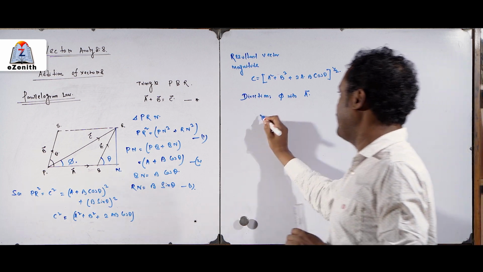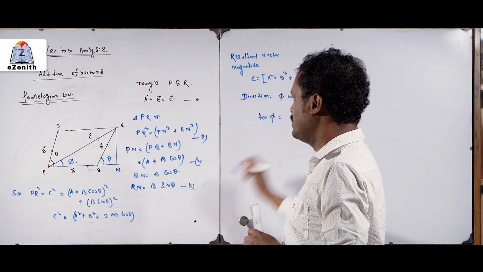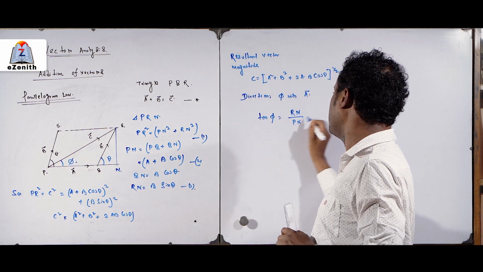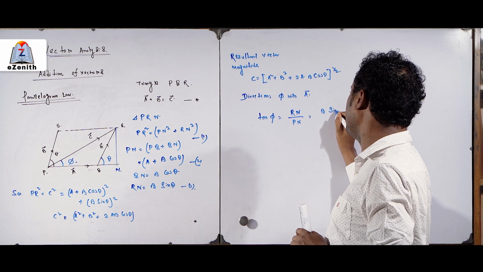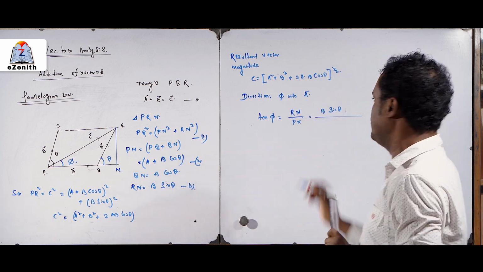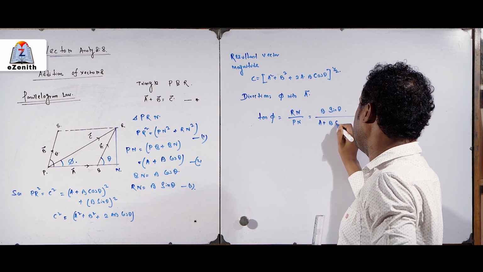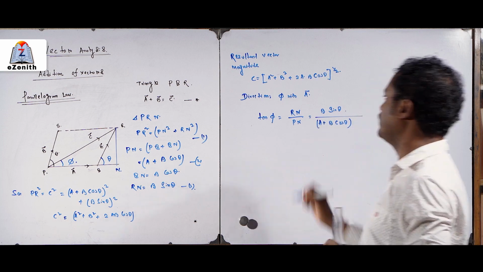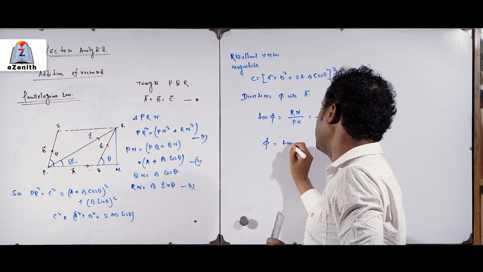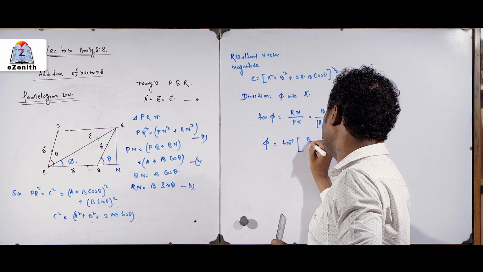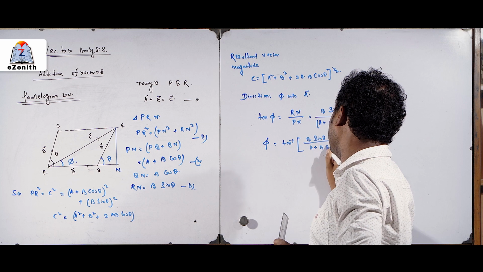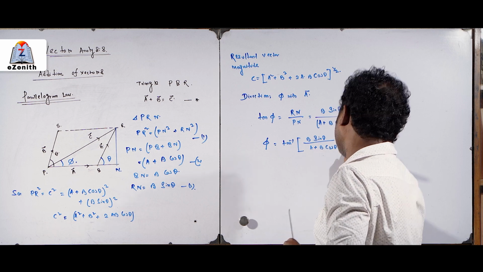That means tan phi is equal to RN by PN. That means B sin theta from here is RN, and PN is A plus B cos theta. So the direction is tan inverse of B sin theta divided by A plus B cos theta.